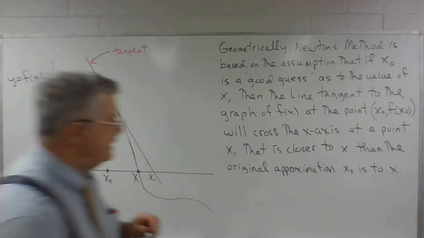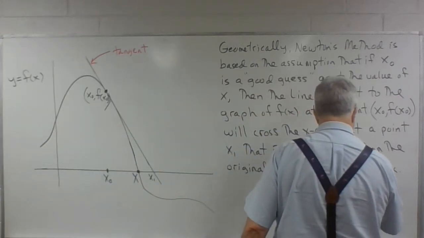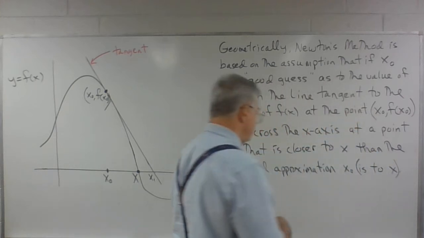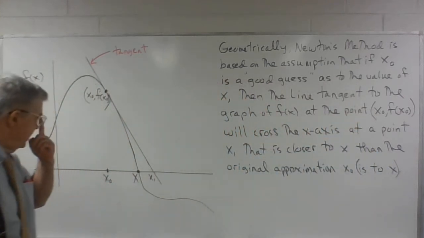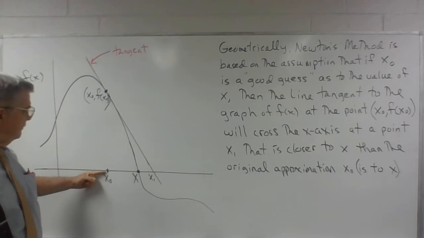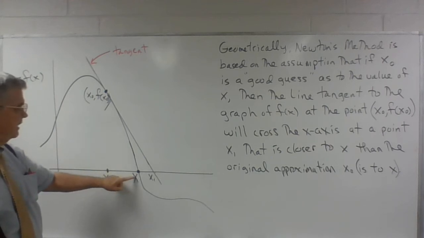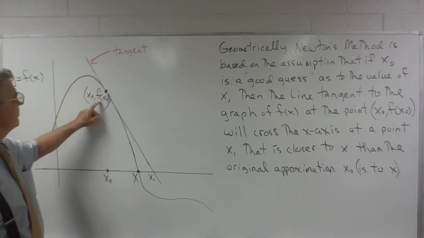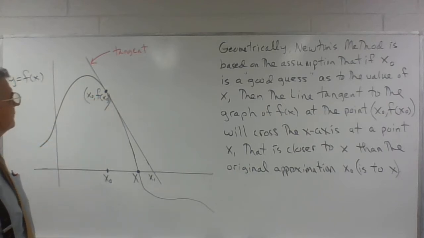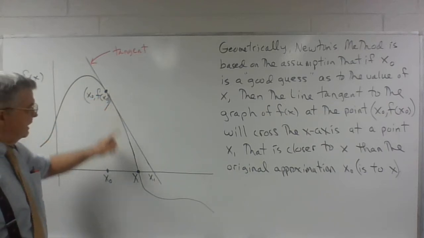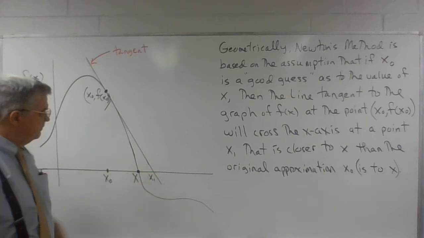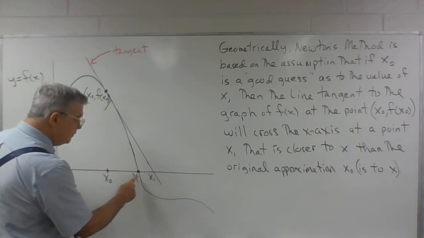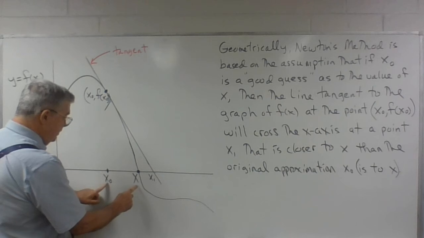That's kind of wordy. I'll put that in parentheses. But the premise is that if x of naught is a good approximation to x, and if we draw the tangent line to the graph at the point x naught, f of x naught, this tangent line will cross the x-axis at a point that is closer to x than is x of naught.